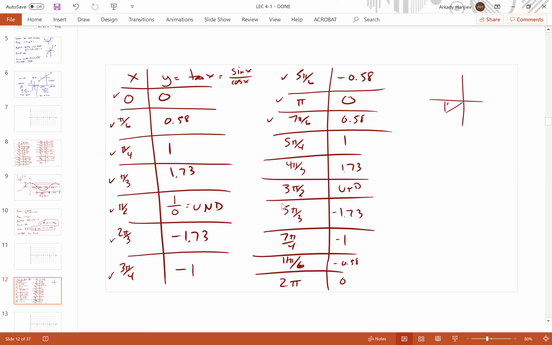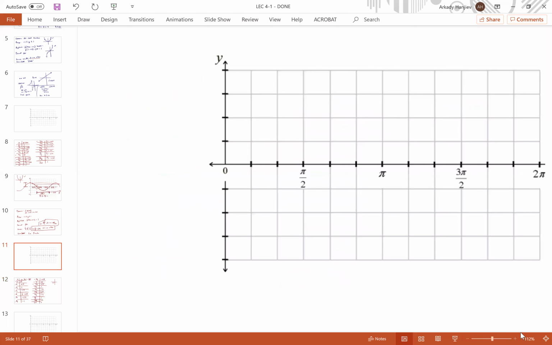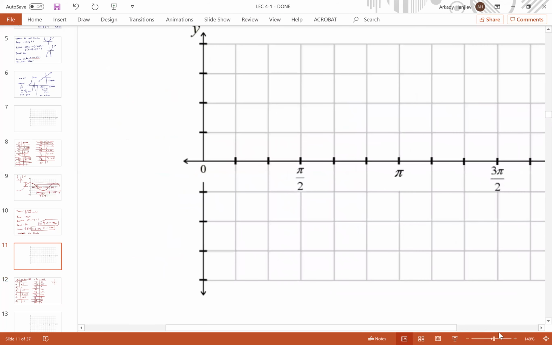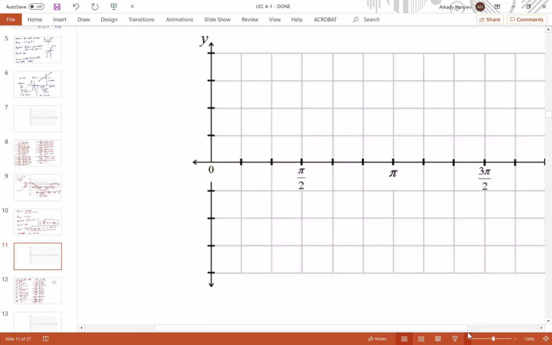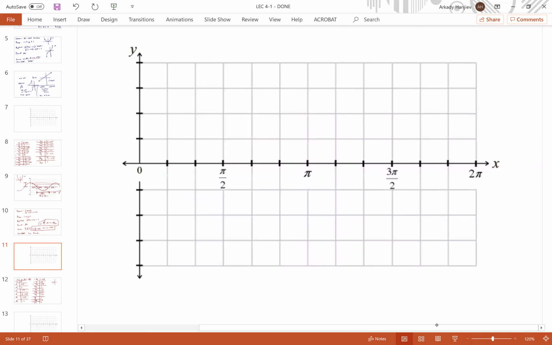All right, and then let's do the graph here. I'm going to zoom in on it here. Okay, and this should be very, very familiar to you now. So pi over 6.